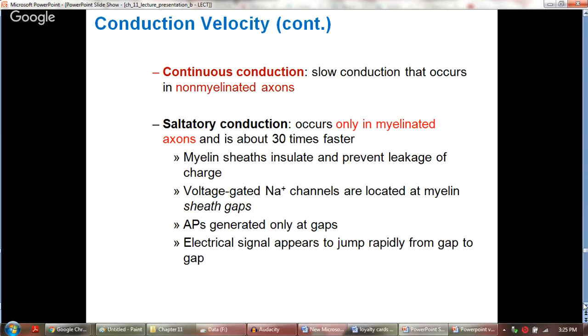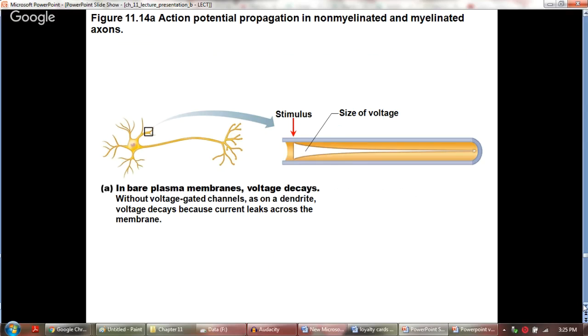The saltatory conduction occurs only in the myelinated axons, and it's about 30 times faster than continuous conduction. And as I mentioned before, the action potential is generated only at the gaps, and electrical signals appear to jump rapidly from gap to gap.